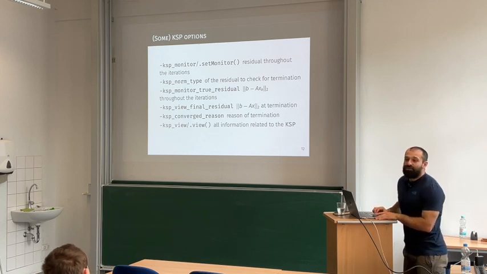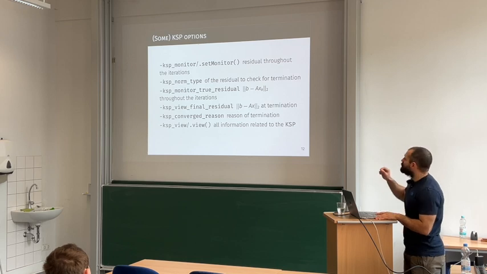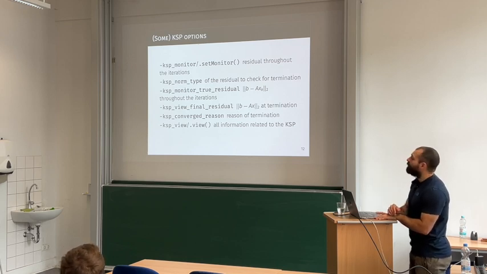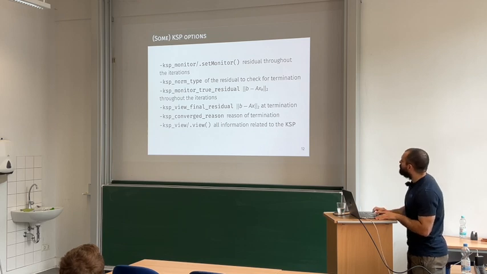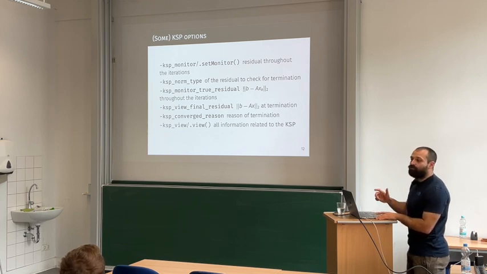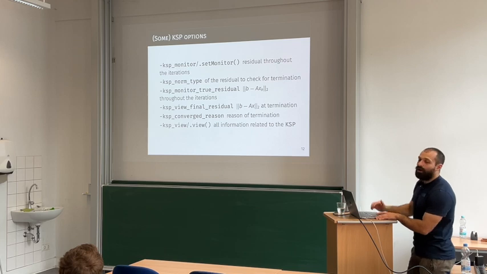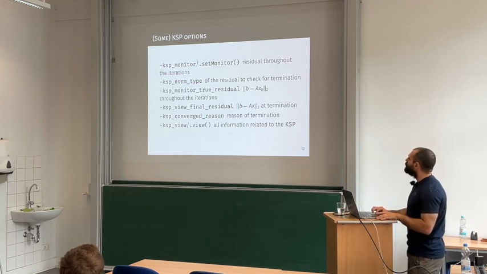You can decide to check the true residual at each of your iterations. So for example, again, if you go to GMRES, there is a cheap estimate of this residual which can be used to avoid doing some computation. If you want to check the true residual, you need to rebuild your solution vector at each iteration, so it can be a little bit costly, but you can force PETSc to do it.